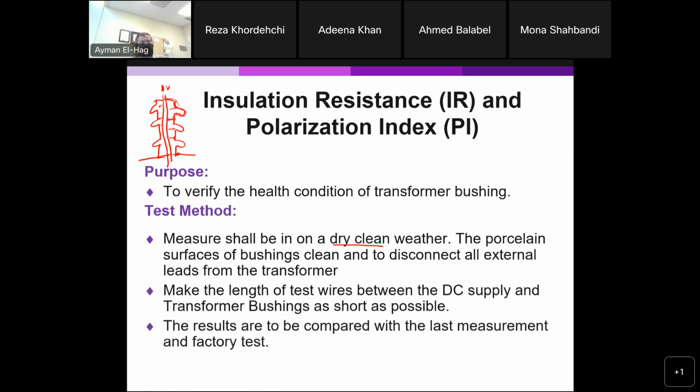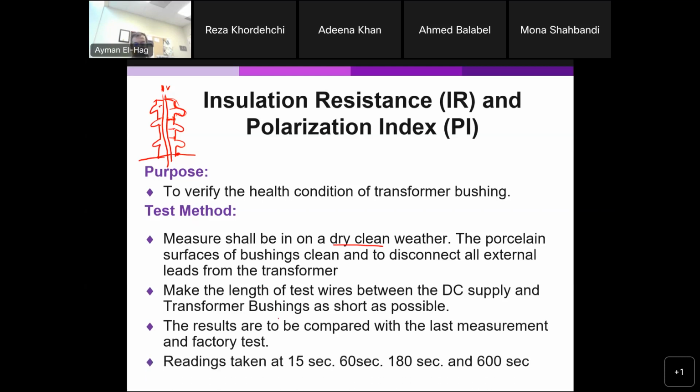Also, we try to make the terminals as short as possible to minimize any error coming from the measurement. As I said, that's a very good test, especially if you have the results from the manufacturer. So you have something to refer to and to tell you if the quality of the bushing has deteriorated or not.